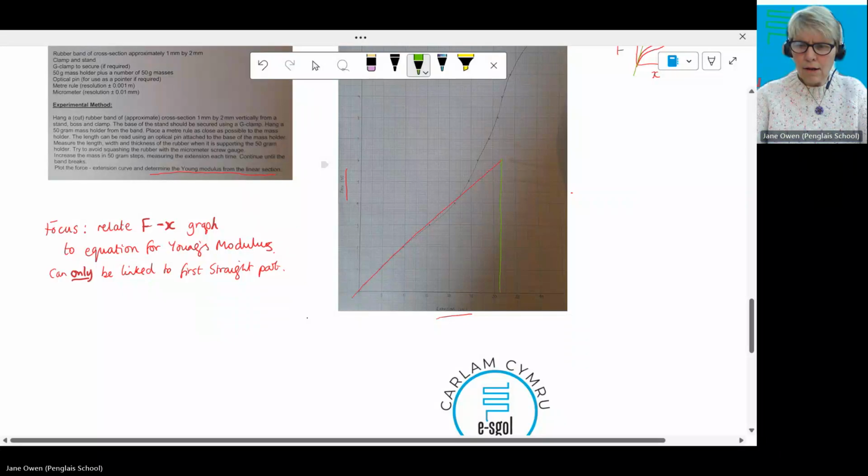All right. And then somehow we've got to relate that section. Okay, dy by dx is equal to m, the gradient.